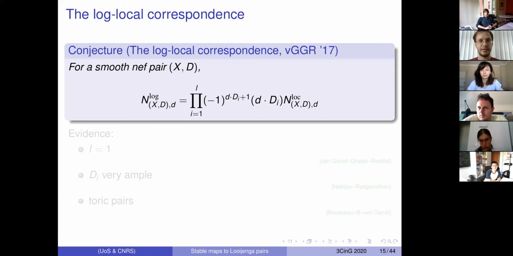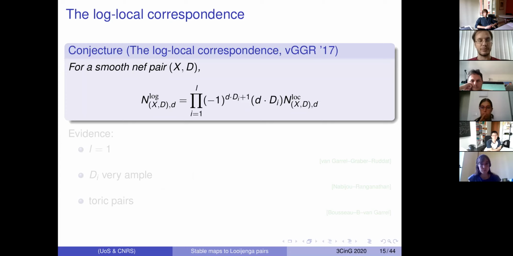So despite being so different, the relative/log invariants are related by some sort of universal law to the local invariants. They're actually the same up to a factor given by the product of the intersection multiplicities times some signed factor. So that's a conjecture for a smooth pair (X, D) in any dimension. We're not talking necessarily about surfaces.